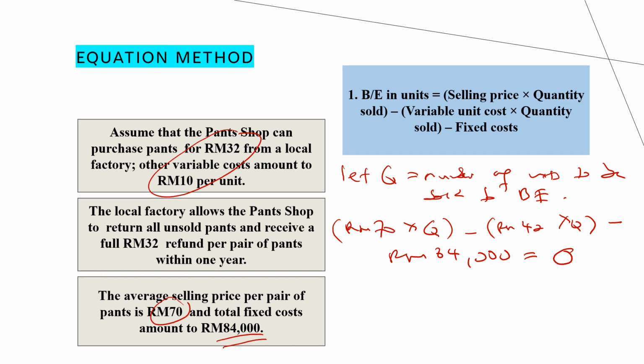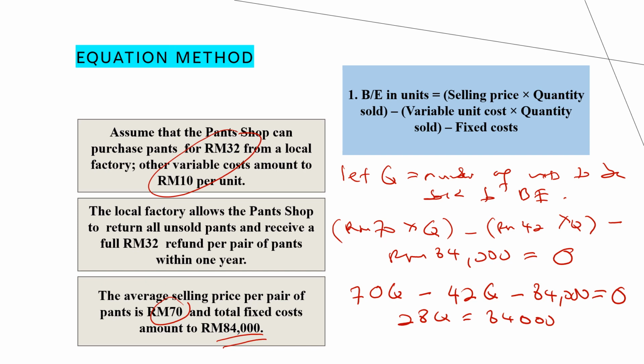Okay, so you solve this equation. Now you get 70Q minus 42Q minus 84,000 equivalent to 0. We simplify this equation: 28Q equivalent to 84,000.